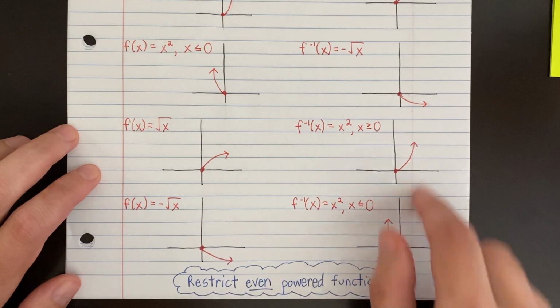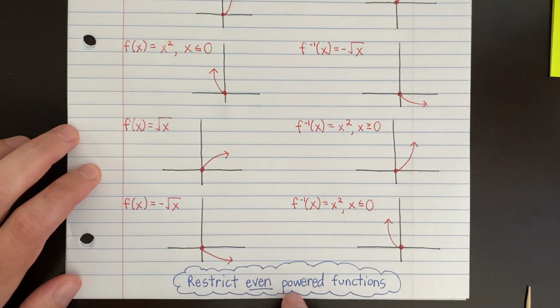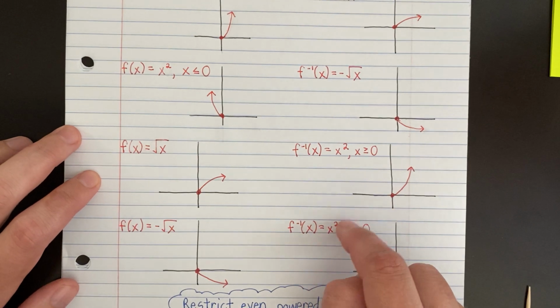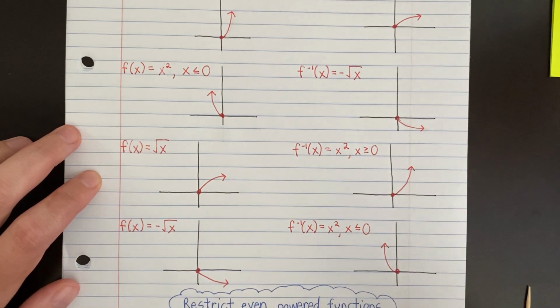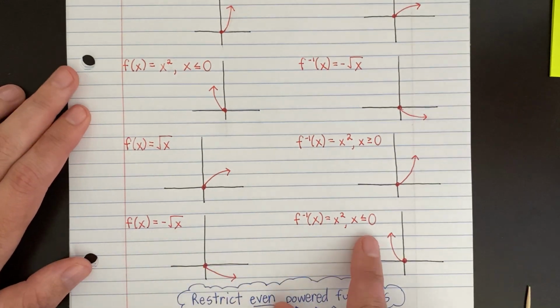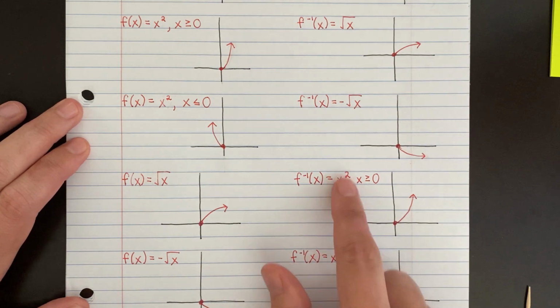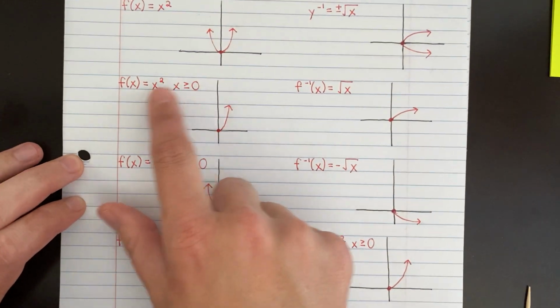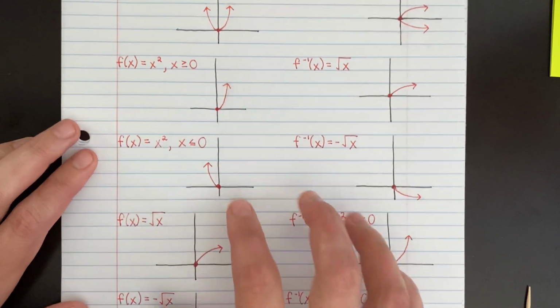So essentially what you should get from this is we will restrict even-powered functions. Now, the only even-powered function we worked with in Algebra 2 was quadratic, but we might be working with x to the 4th, so quartic, or x to the 6th, any even-powered function. So notice the restriction always goes with the even-powered function. It never went with the square root.